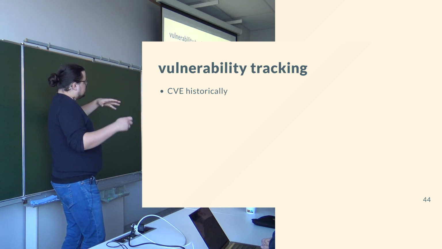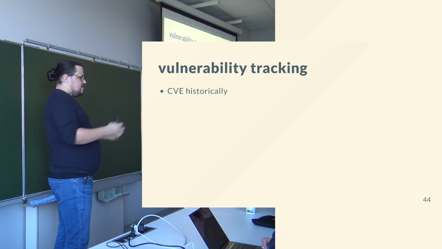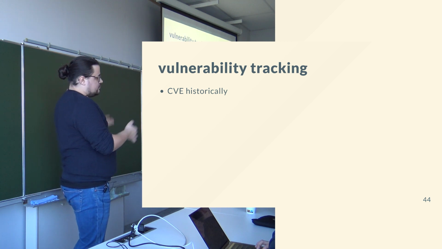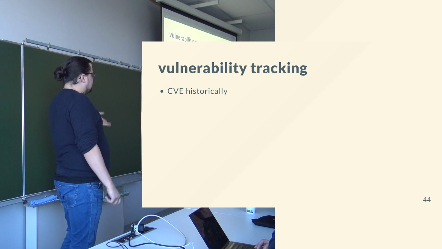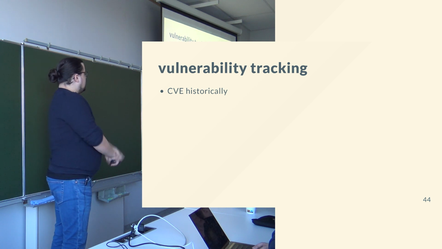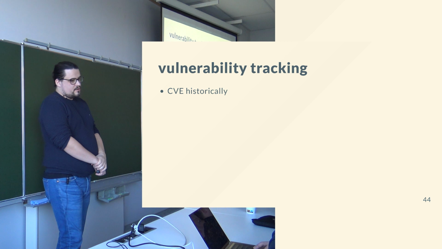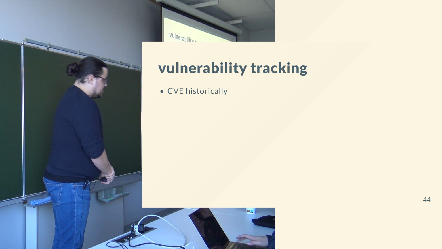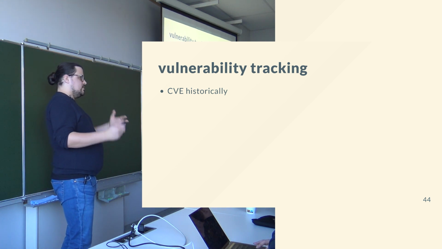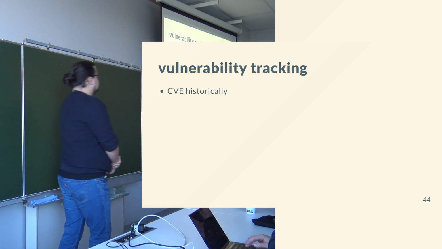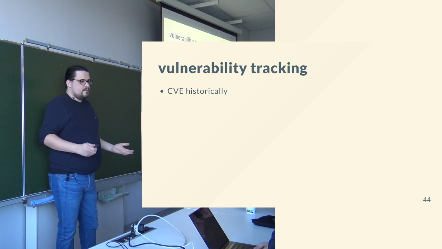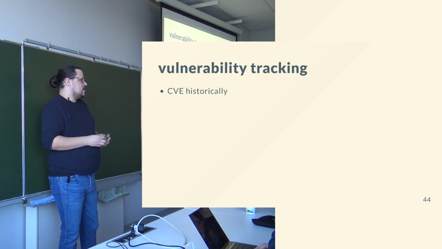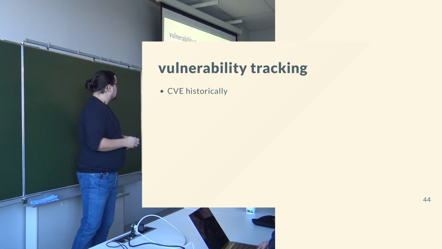So we have seen that we can have software bill of materials, which include the list of software and versions and maybe a bit more about the context the software was built. But we also have a second problem, which is to be able to track the vulnerabilities in these components. So historically, the way we track vulnerabilities and we talk about vulnerabilities is through CVEs.